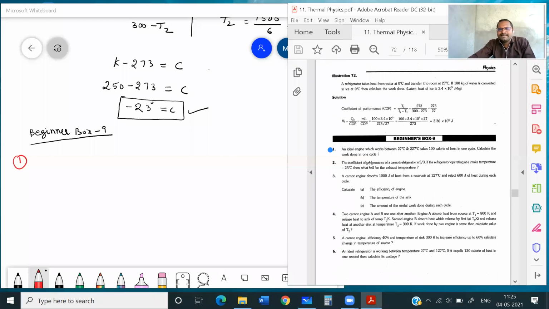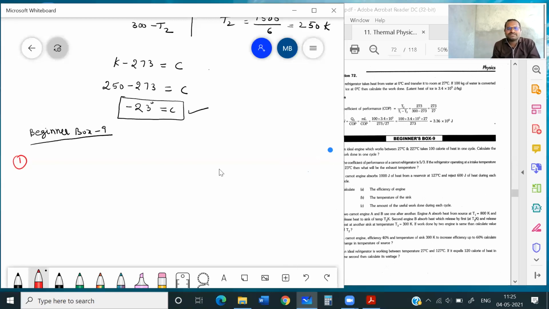The ideal engine works between 27 degrees centigrade and 227 degrees centigrade. What are these two temperatures? T1 is equal to 227 degrees centigrade and T2 is equal to 27 degrees centigrade. Between these two temperatures, one engine is working, and it is taking heat energy Q1 of 100 calories in 1 cycle.